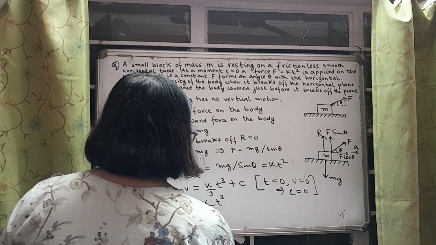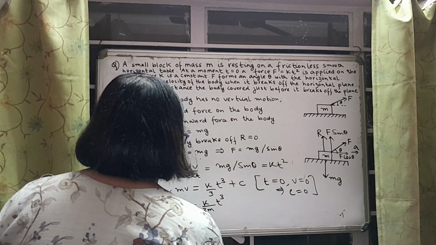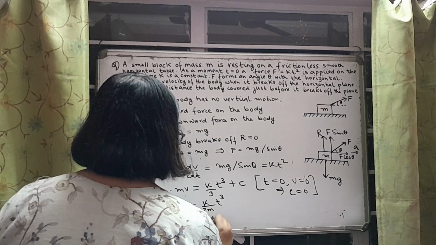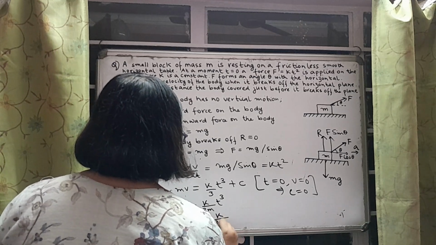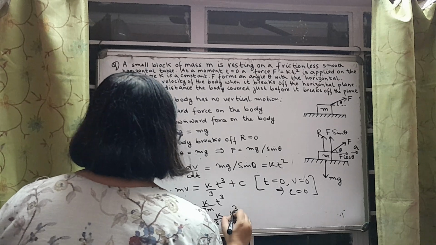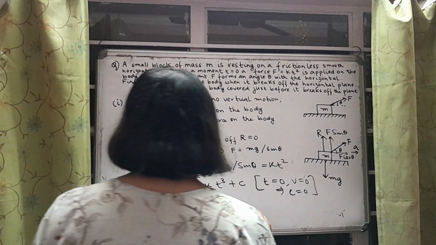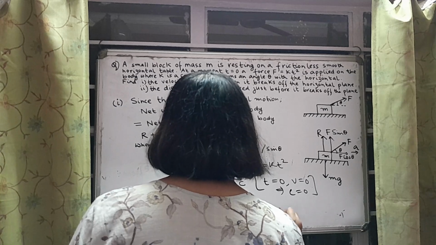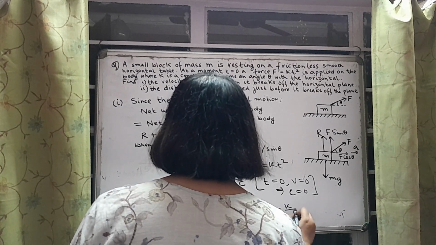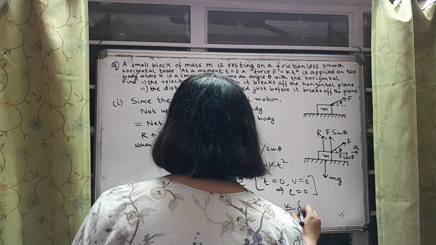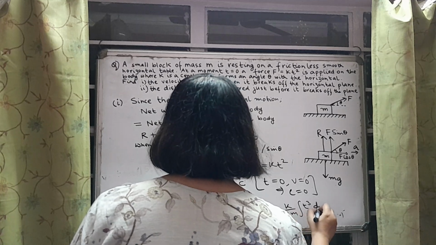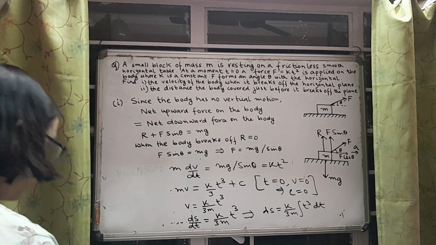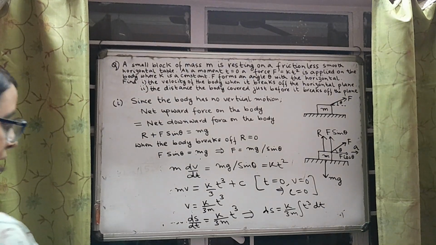Now I can take this v as distance covered per unit time, ds by dt. So I can write this as k by 3m t cube. Rearranging, this gives ds equal to k by 3m t cube dt.